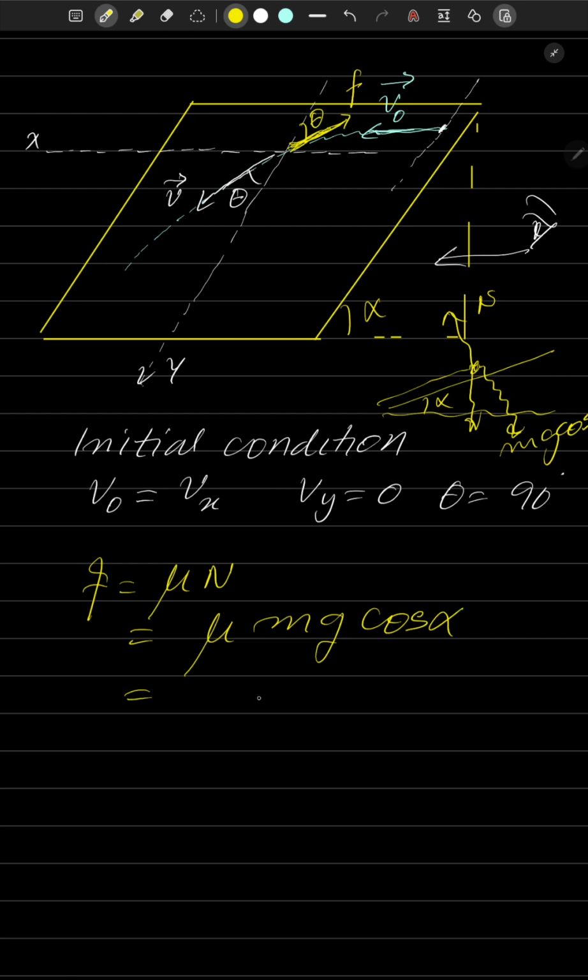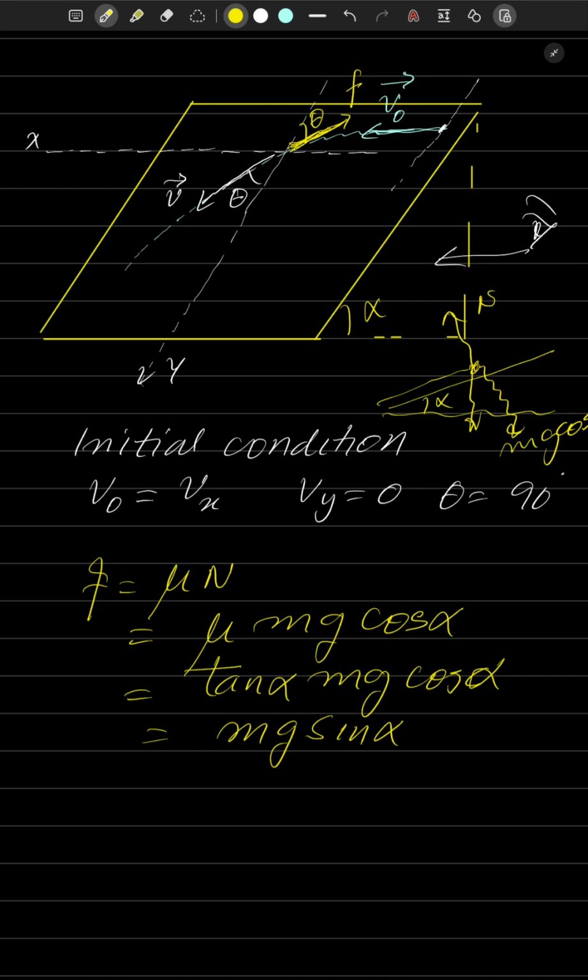As mu is given as tan alpha, if you put the value, friction will be mu times mg cos alpha, so you will get mg sin alpha.